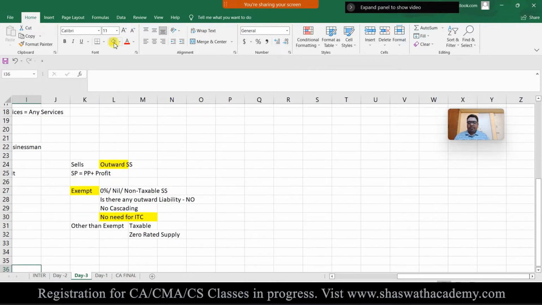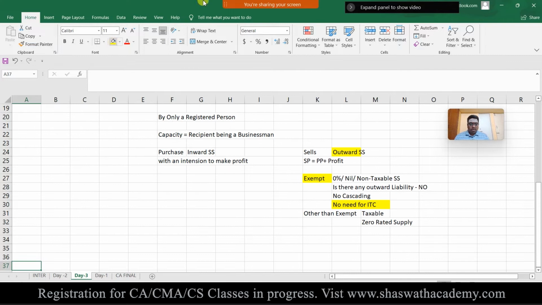Sir, what type of outward supply will get ITC? Only an outward supply which results in other than exempt, or zero rated supply. Sir, on zero rated supply we will not charge any tax, correct? But what is the objective of zero rated supply? Zero rated supplies are basically exports or supplies to SEZ units.